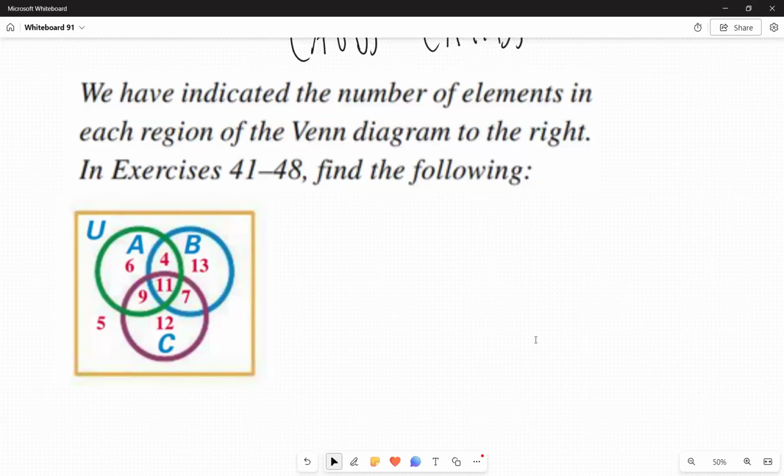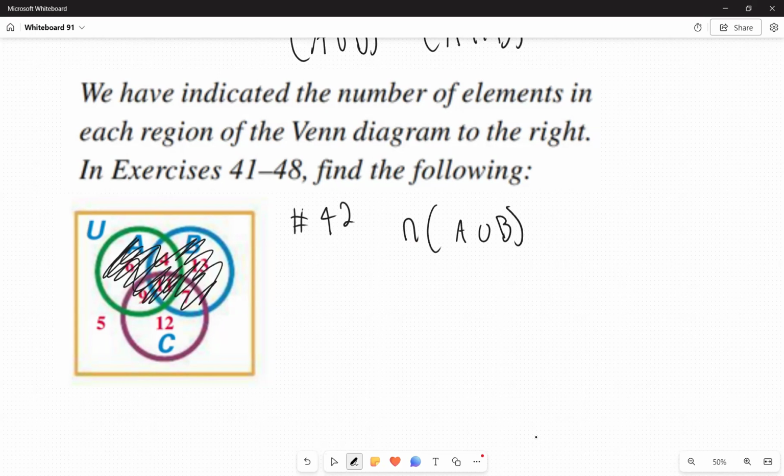For example, the number of elements of A union B. So that's number 42. So A union B is going to be all this region. And what we do is add the number of elements in each region.